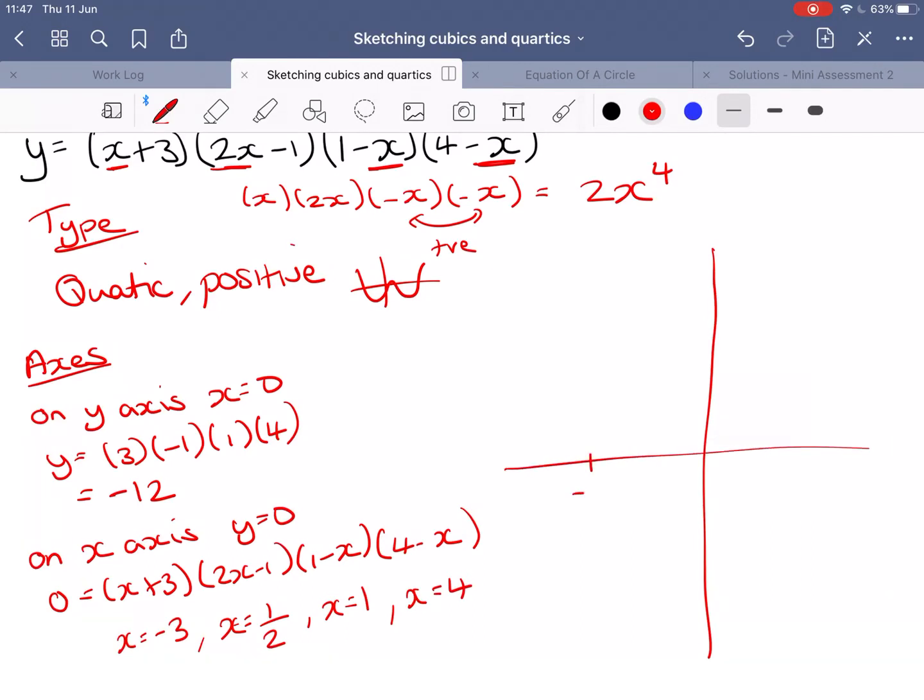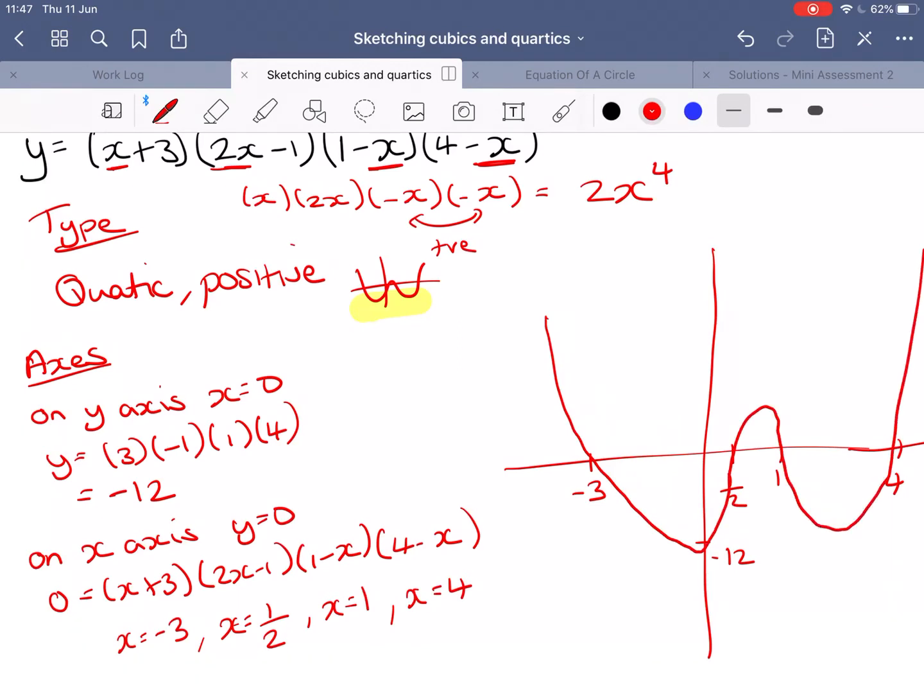So I've got -3, a half, 1 and 4, and it crosses the y-axis at -12. And I go back, what type of shape was it? It was this one because it was a positive quartic. So it's going to start, it's going to come up, down and up.